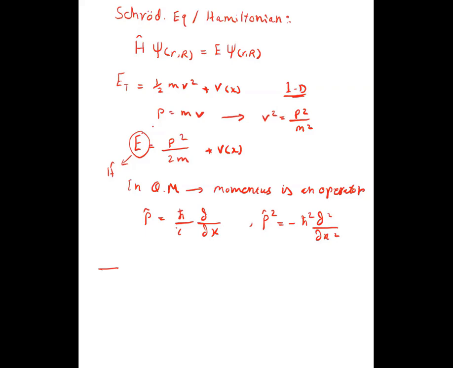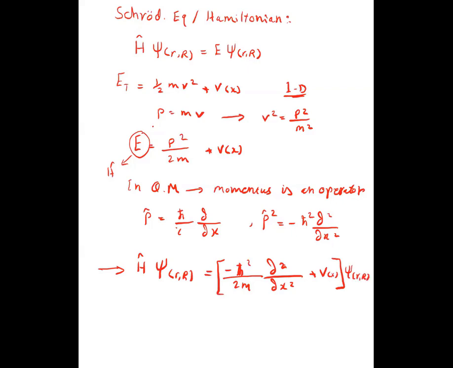So the Schrödinger equation then: the Hamiltonian over psi in terms of r will equal minus h bar squared over 2m, the second derivative with respect to x squared, multiplied by psi, plus V(x) multiplied by psi in terms of r.